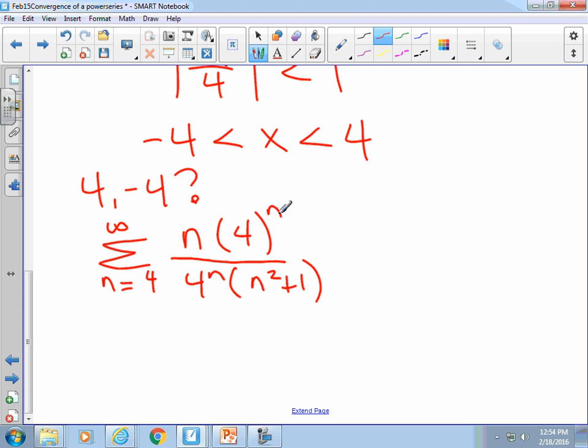If there truly is a 4 to the n on top and bottom, would you agree that this is the sum of n over n squared plus 1?